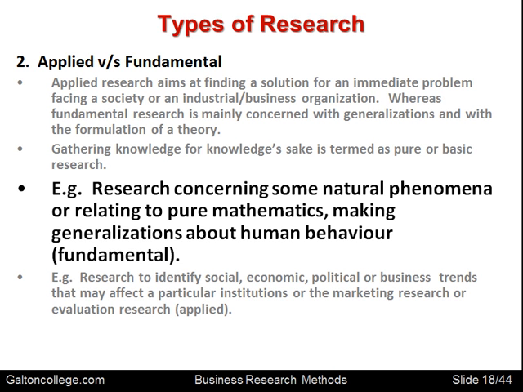Research concerning some natural phenomena or relating to pure mathematics, making generalizations about human behavior. These are examples of fundamental research. As I said, in mathematics, it's gathering information for information's sake. But we also have the construction of models in the social sciences. Say, models of urban growth, models of the city. They help us to try and understand the city, but they're not aimed at solving a problem.